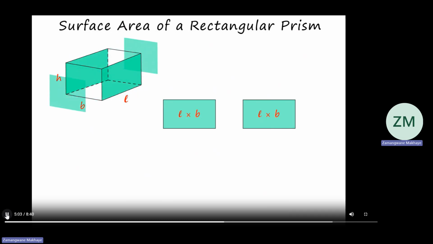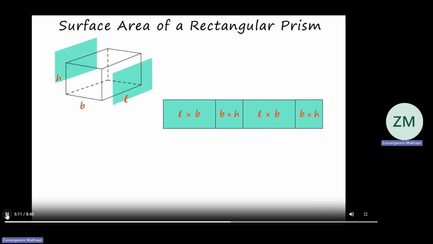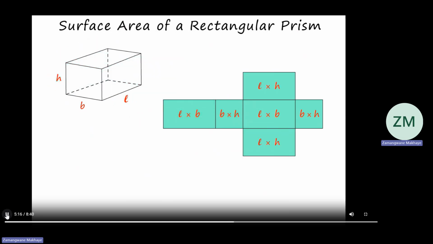And the rectangles on the sides, with dimensions breadth and height, both have area breadth times height. And the rectangles at the front and back, with dimensions length and height, both have area length times height.